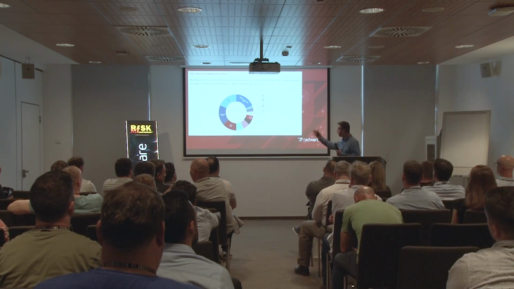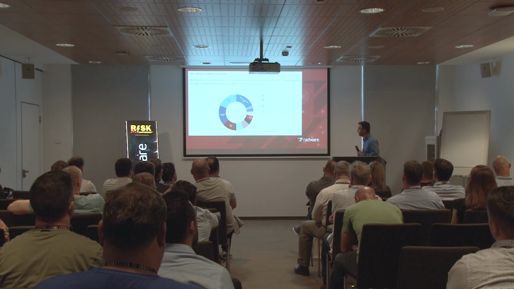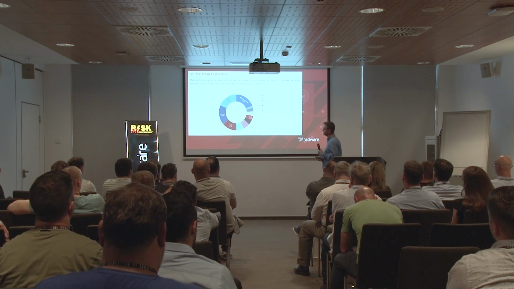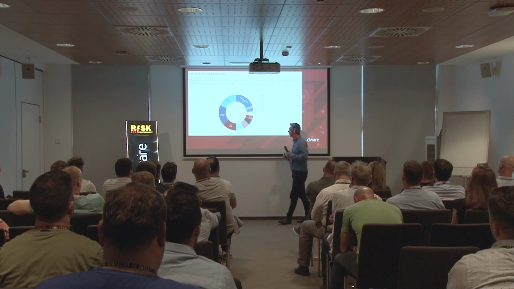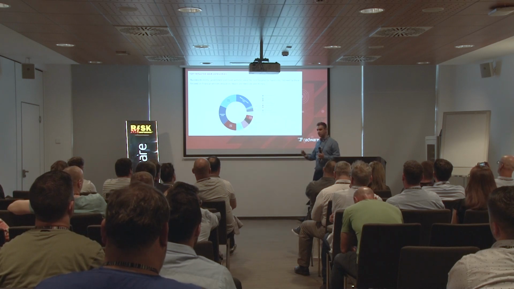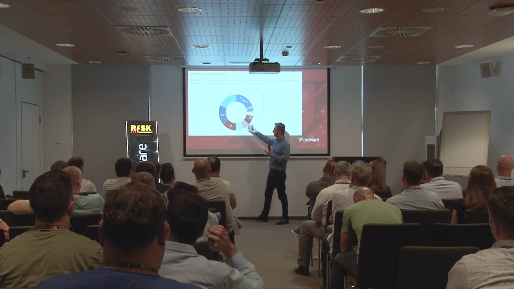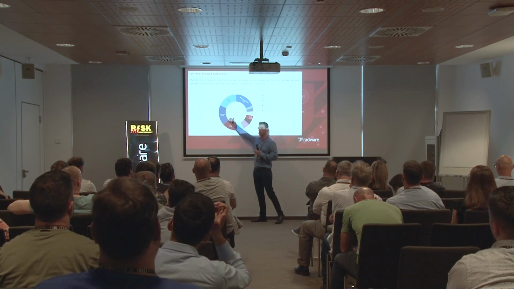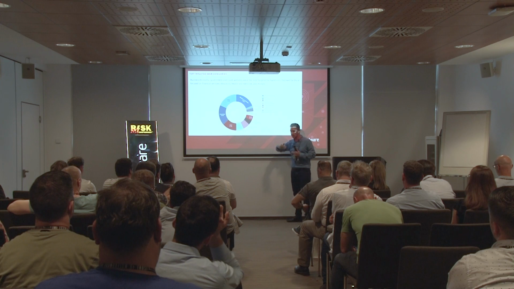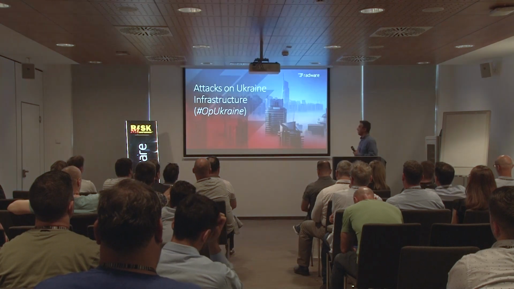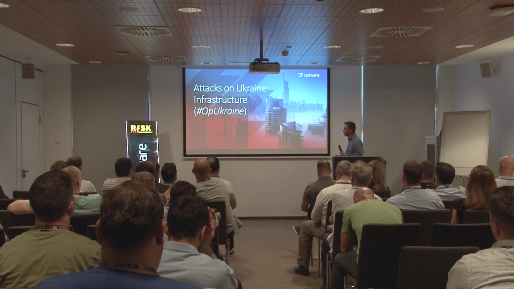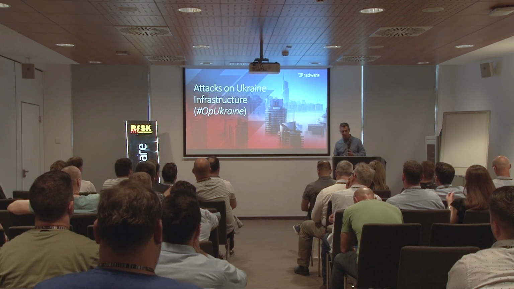So basically all sectors are affected. And you don't see service providers here, because service providers relate to any sector, right? They can target the government, but the whole infrastructure of the service provider can be affected because of that, if it's volumetric. Okay, let's dive into what happened in Ukraine.